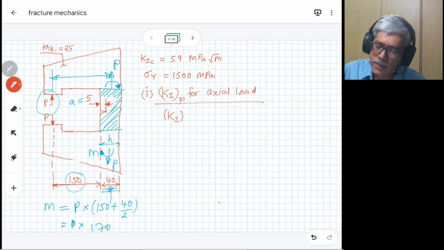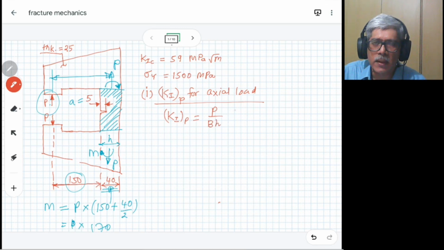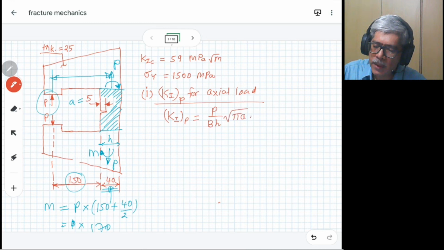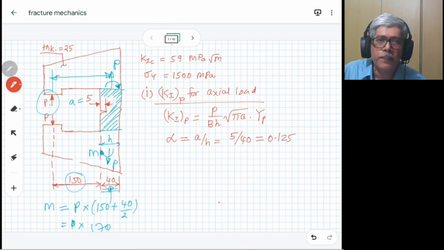So this is given as P by BH, from the second sheet of the problem that we saw previously, under root pi a multiplied by the shape factor corresponding to the axial load. The shape factor requires the value alpha, which is given as a divided by h, so that is 5 divided by 40, which is equal to 0.125.